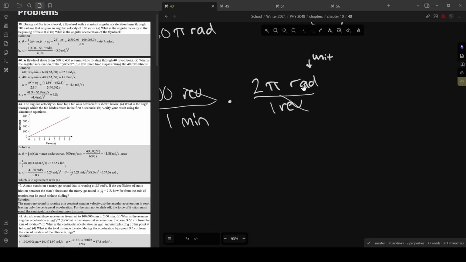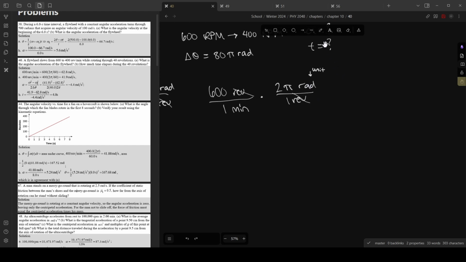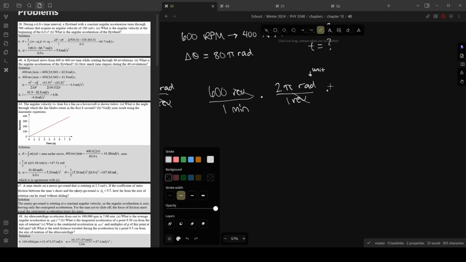And now we have to add another unit conversion factor, from seconds to minutes. Since minutes is in the denominator, in order to cancel it, we have to add minutes in the numerator. We know that 1 minute is equal to 60 seconds. So now these cancel, and we're left with radians and seconds.